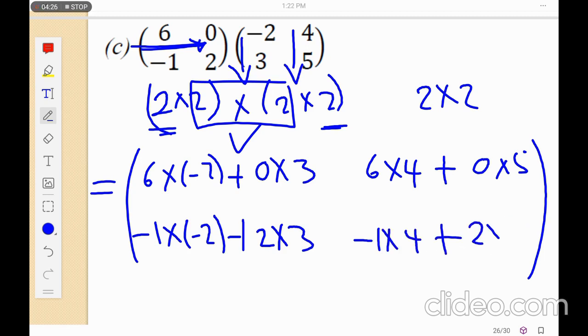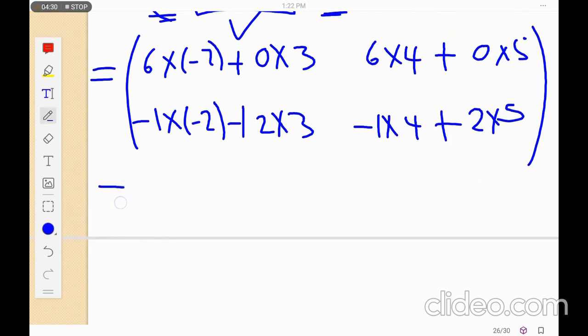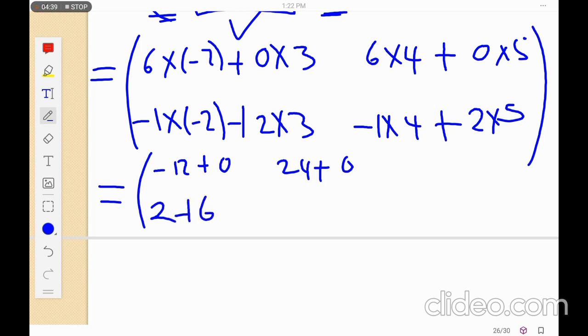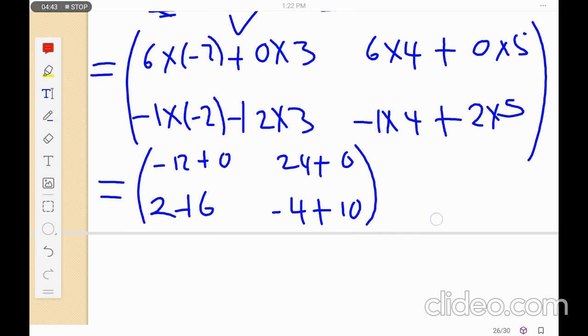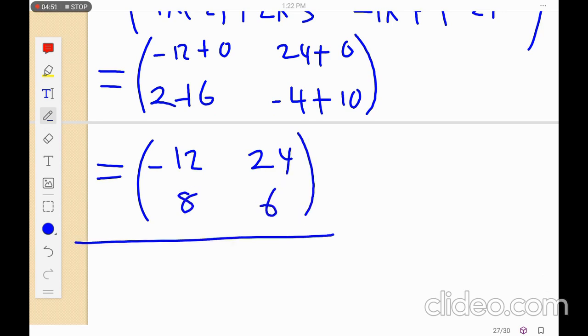Those are the numbers that I have. Let's simplify those numbers. I will get minus 12 plus 0, 24 plus 0, 2 plus 6, minus 4 plus 10, okay, like that. Simplifying again further, I will get minus 12, 24, 8, and 6. These are my answers there.